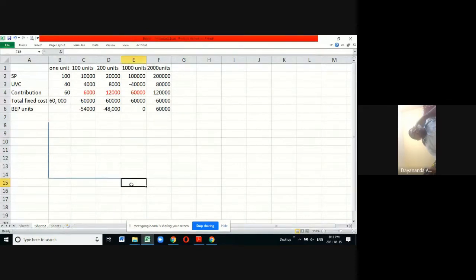So this is units. This column says units, no? This column says cost and revenue. Agree? We are now just drawing the chart.